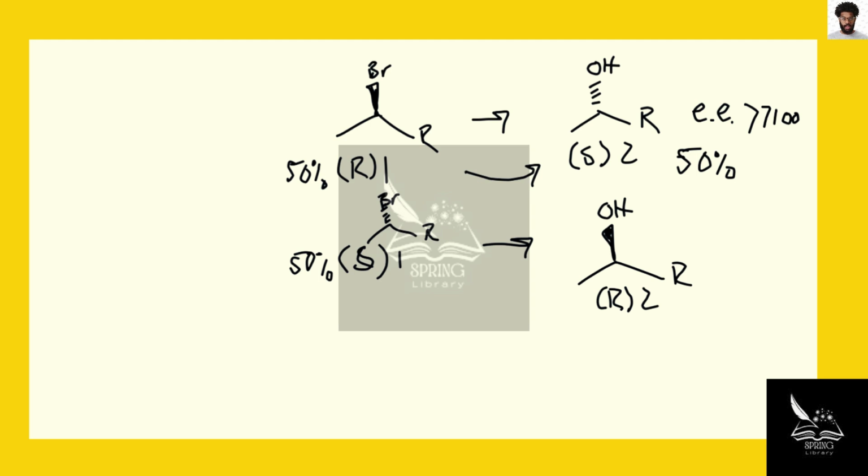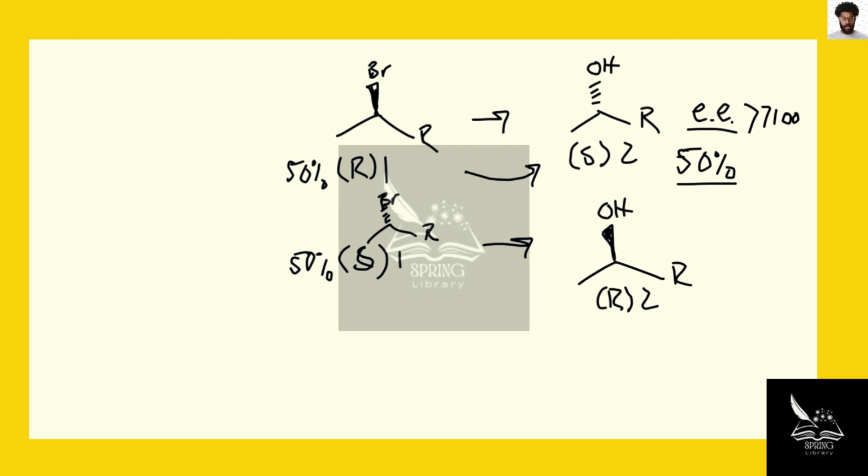And so if we can restrict the conversion of 1 to 2 to only being R to S, then we can get a high enantiomeric excess, but our yield is limited to 50%, right? Because we can only get a high EE if we're only getting R1 into S2.